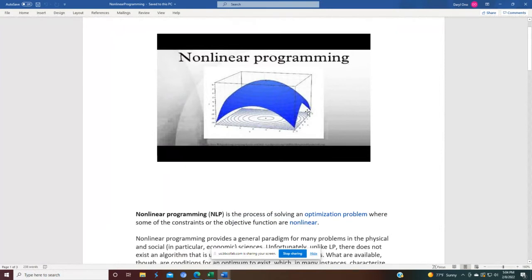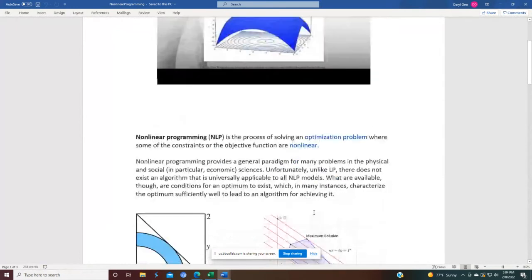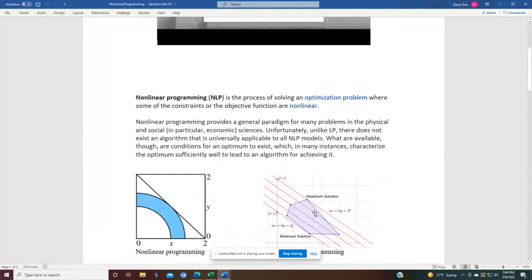That is nonlinear. Okay? So this is called nonlinear optimization or nonlinear programming. All right? So hopefully we understand what nonlinear programming is.